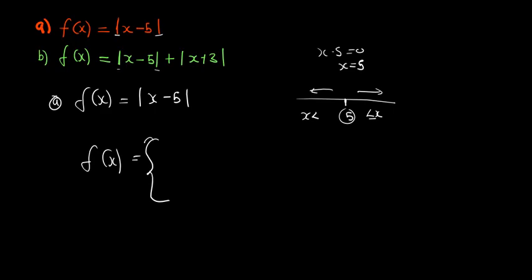It will start at 5, so that's why I'm putting this equal to. Okay, so now I want to start from the left, meaning from my negative. So I'll put a negative there. Okay, then I'll say x, I've just moved the modulus, then x here is less than 5.